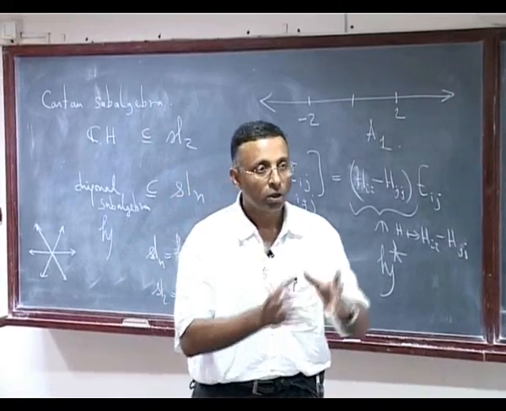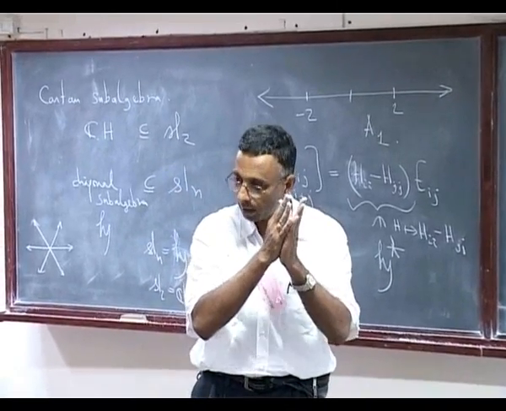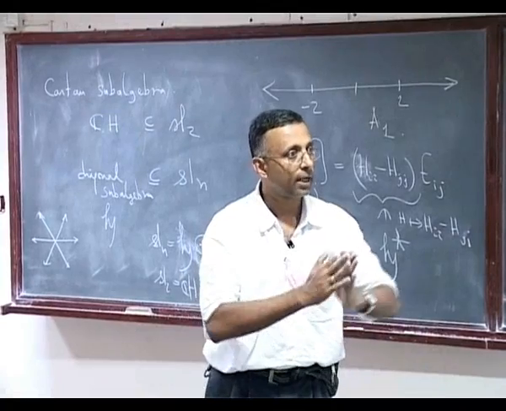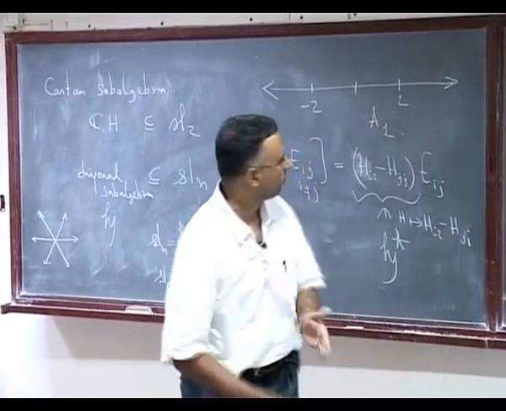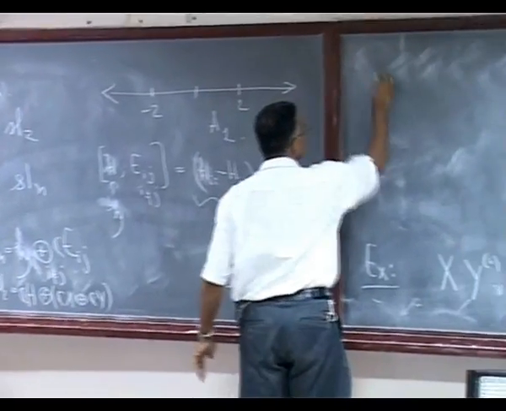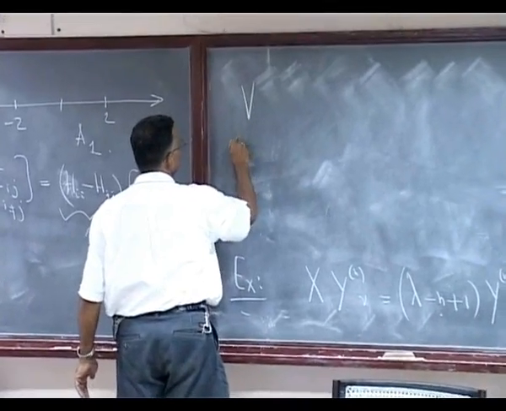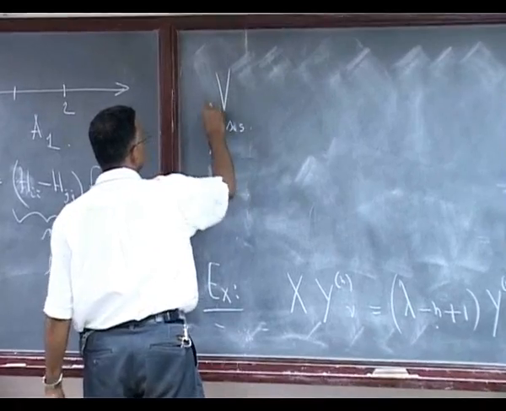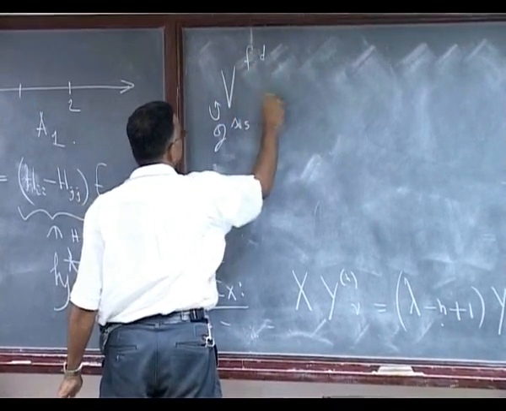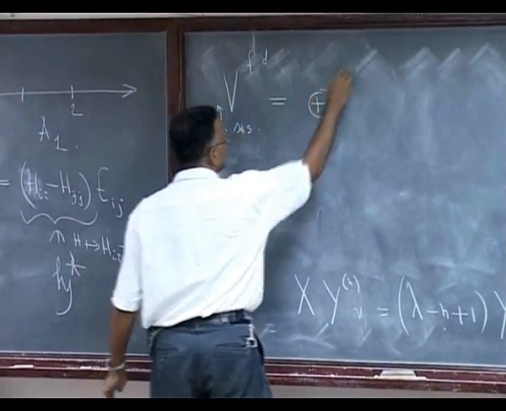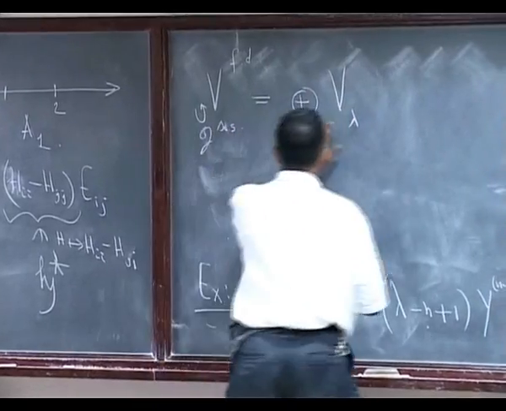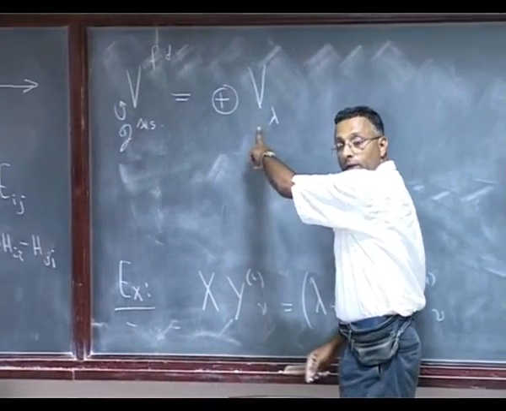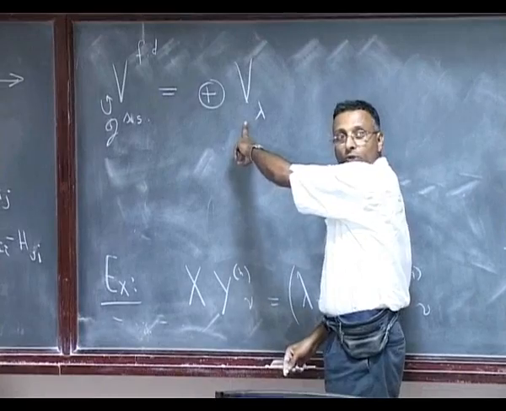So given a representation V, where G is semisimple and G acts on V, finite dimensional, I can decompose it into common eigenspaces for the action of H.